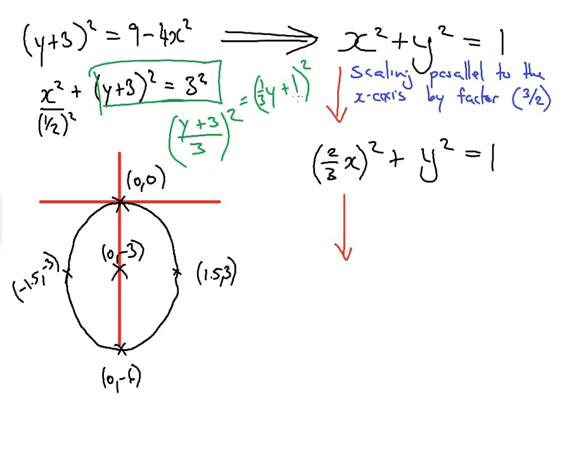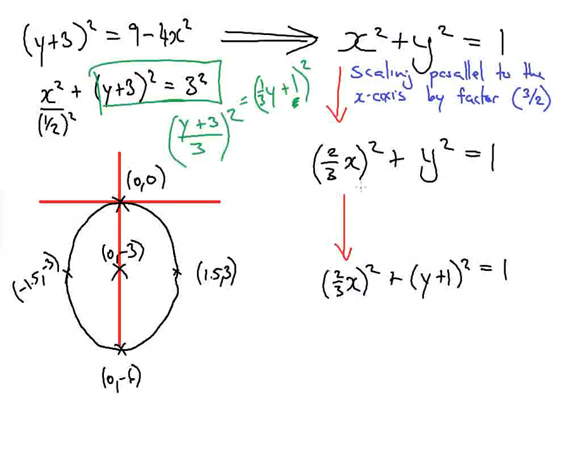So actually, our translation is going to be by -1 units in the y direction. So what does that mean we do? We change y. So here it's 2/3 x squared. Now we translate our y, and we get y plus 1 squared is equal to 1.